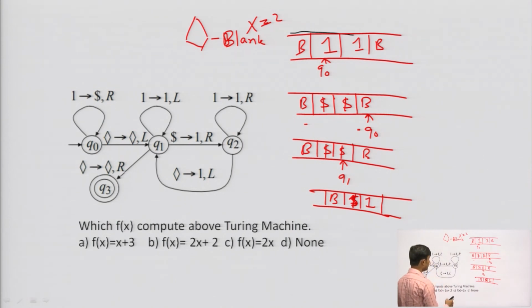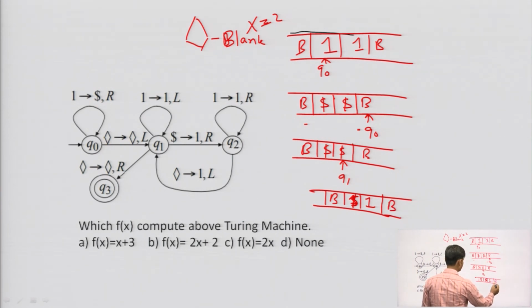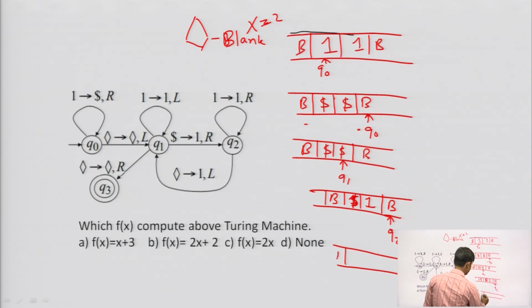Like that in Q2 again you are getting blank. So, this is blank, when you move right this is Q2, and at Q2 blank you will get another 1. This is B, dollar, 1 and 1, and go to left. Left means this is Q1.